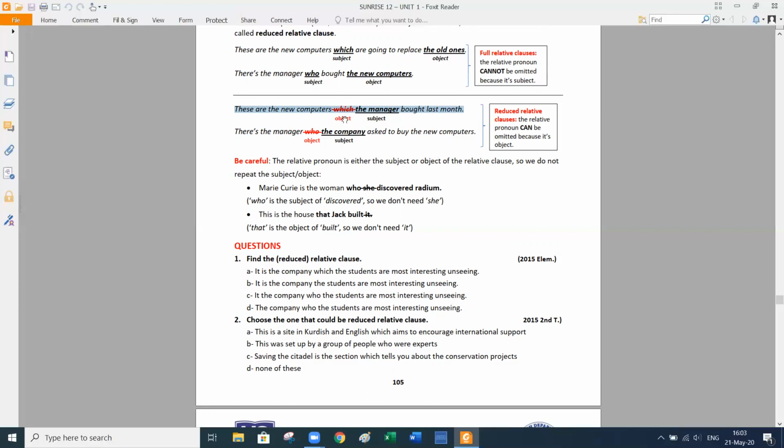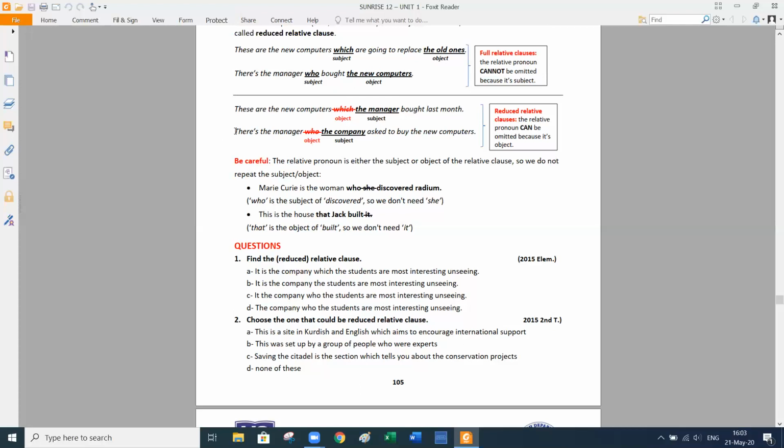And when we leave out the relative pronoun, when we erase it, we say this relative clause is reduced. If the relative pronoun is still there, we say this relative clause can be reduced. But if it is removed, if it is left out, we say it is reduced.